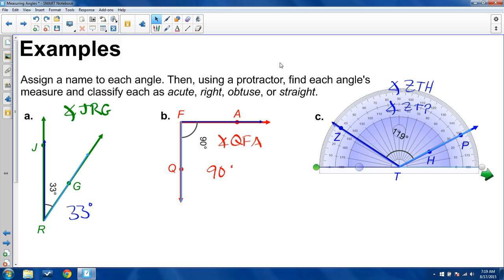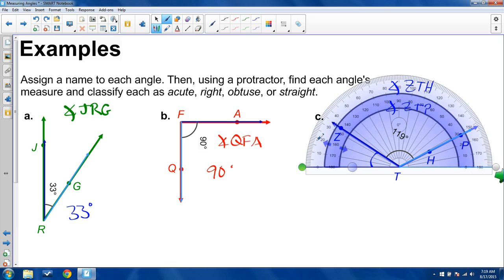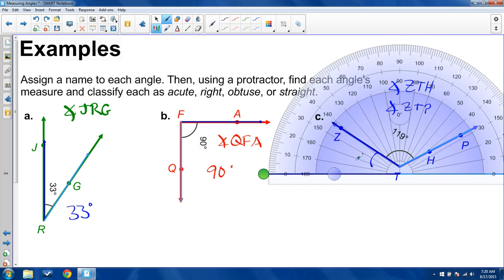Notice this one, if I were to be close enough, I should get close to 119 this way. I'd say this is about, let's say, 33 degrees, 31, 32, 30, maybe 34. Let's call this angle at 34 degrees from here.